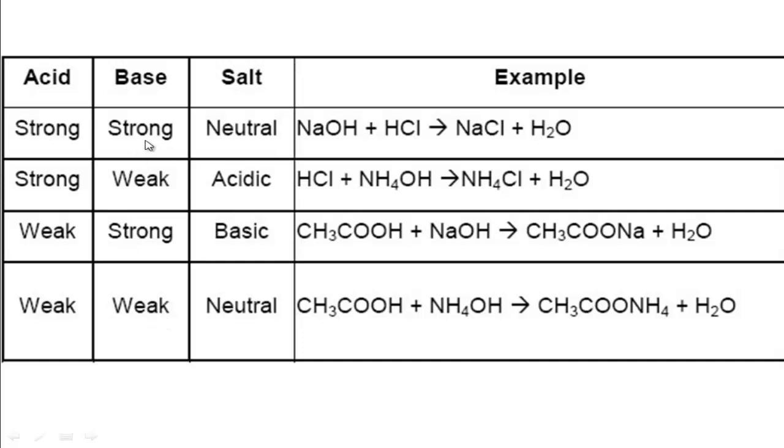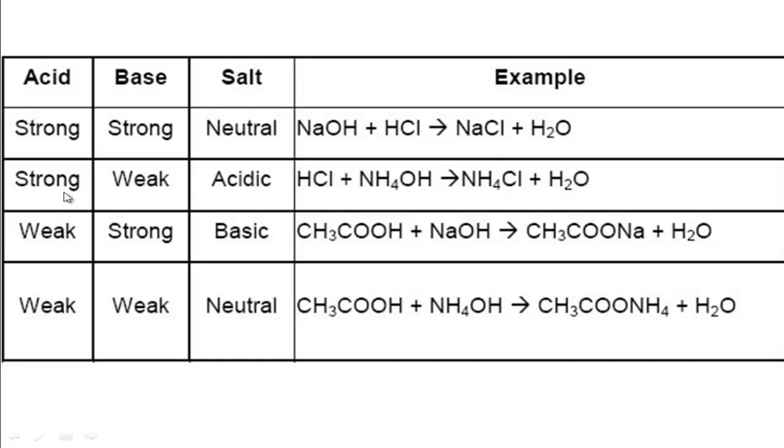That means the concentration strength of those acid and base will be equal. In that time, neutral salt will be produced. For example, sodium chloride. For example, ammonium acetate. This is neutral salt because here acid and base both are weak. And here this is neutral salt because here acid and base both are strong.